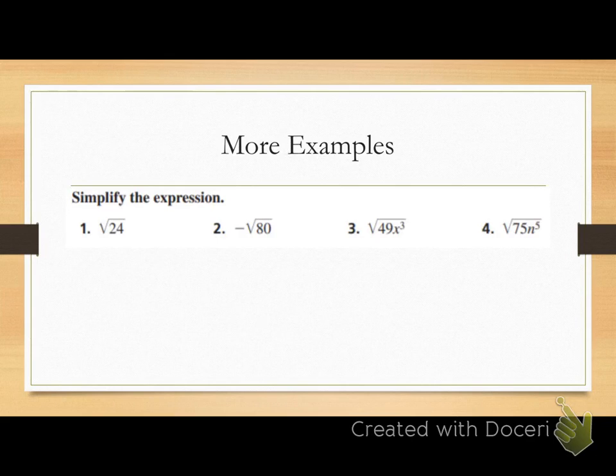Number 1, we have the square root of 24. So I'm asking myself, what's the biggest perfect square that'll go into 24? Well, that would be 4 in this case.